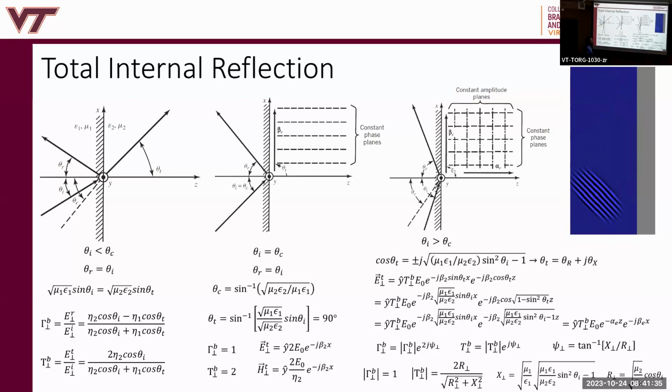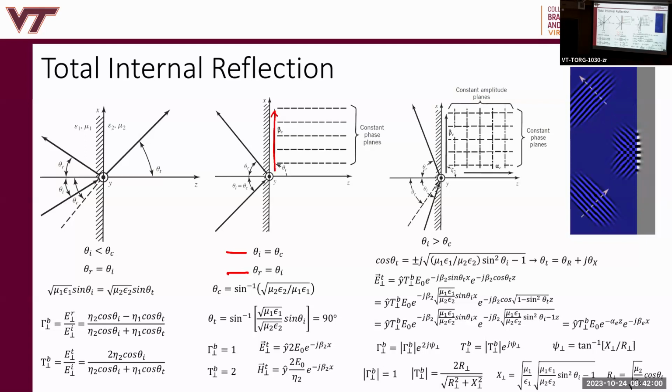Now, what happens exactly at the critical angle? If we're incident at the critical angle, then theta incident is equal to theta c. Still, we have theta r equal to theta i, Snell's law of reflection, on the left-hand side. But now the transmitted wave has become a surface wave. The beta vector is along the interface for the transmitted wave.